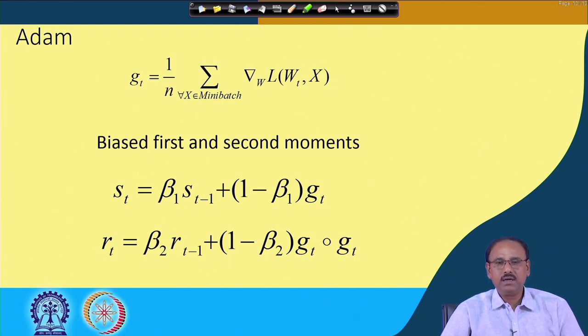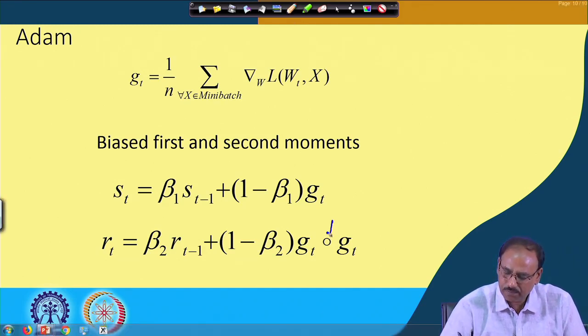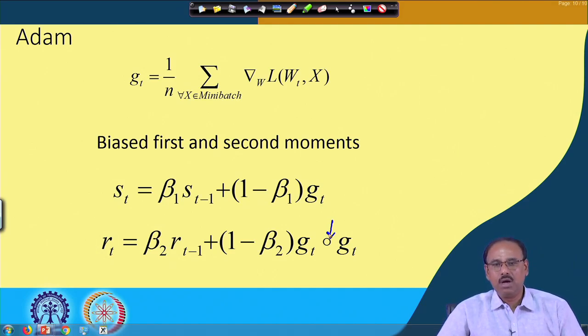So, the exponentially decaying average of the first moment of gt is given by St is equal to some beta 1 times St minus 1 plus 1 minus beta 1 times gt, and the second moment exponentially decaying average of that is given by Rt is equal to some beta 2 times Rt minus 1 plus 1 minus beta 2 times gt square, which in this case is written as gt into gt. We have said that this particular symbol, small square, is used to represent element wise multiplication.